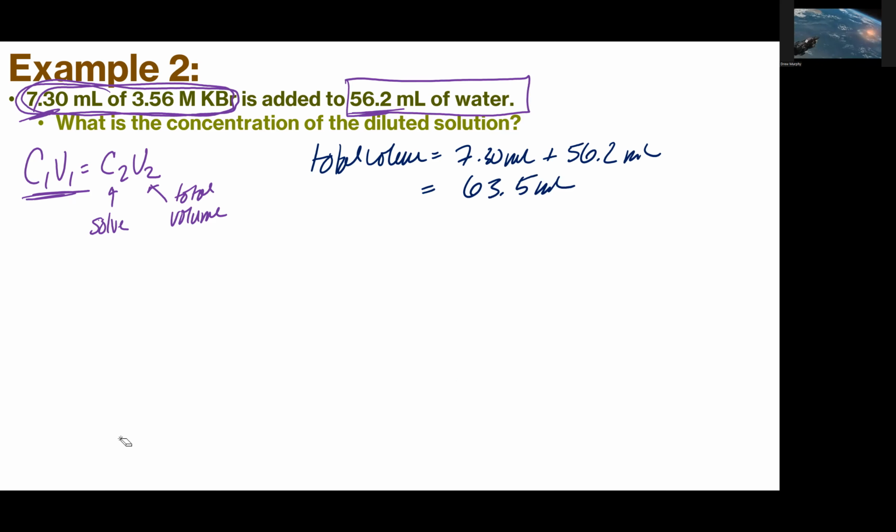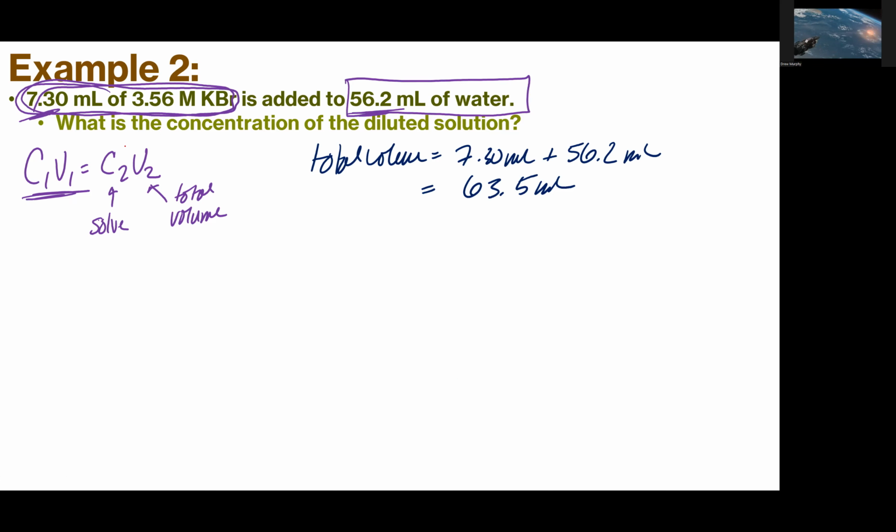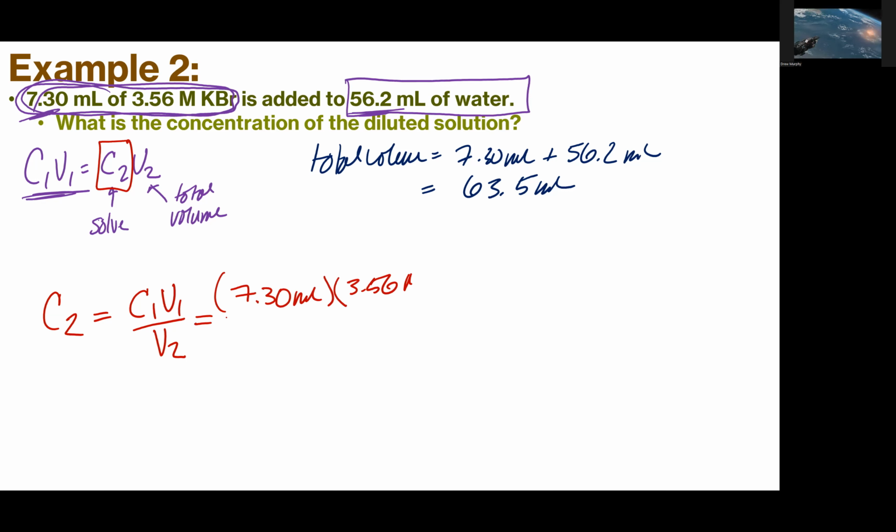Now that we have the total volume, we can come in here and solve this. If we're going to solve for C2, then that means C1 times V1 divided by V2. Our C1 V1 is our 7.30 milliliters of 3.56 molar, and that gets divided by 63.5 milliliters.